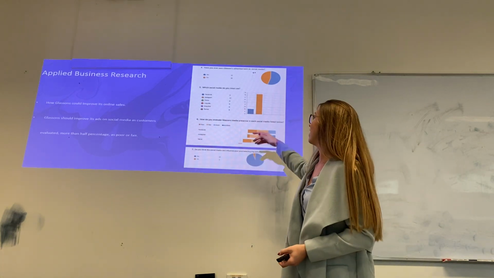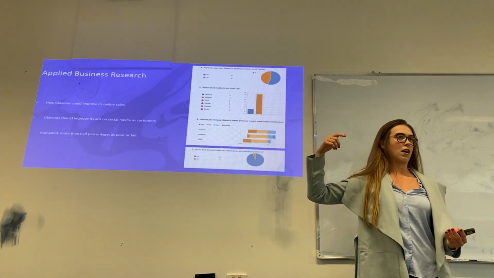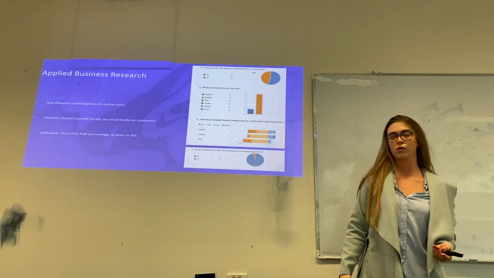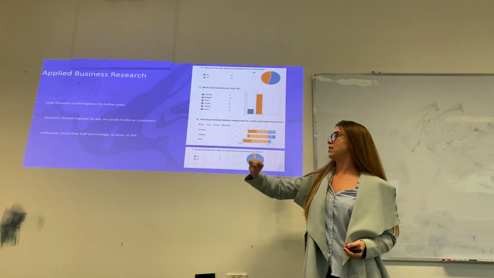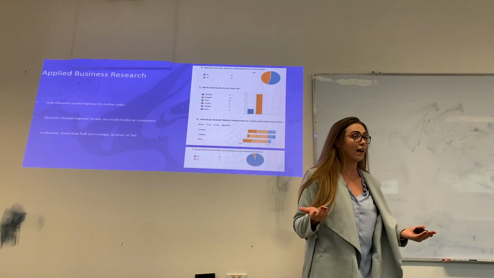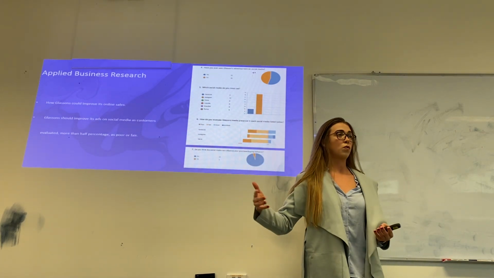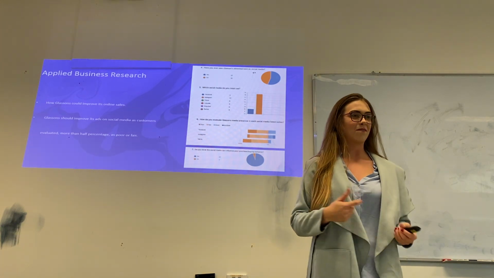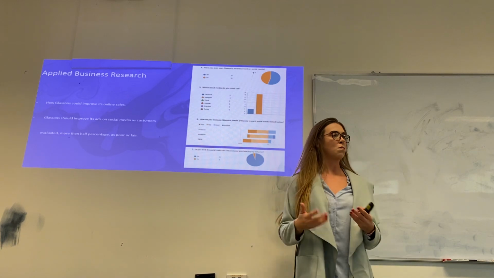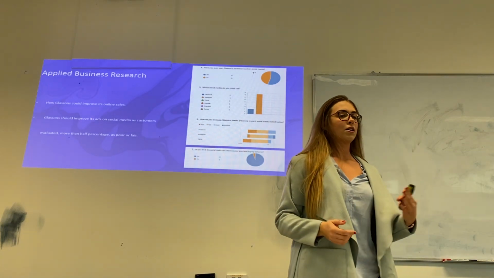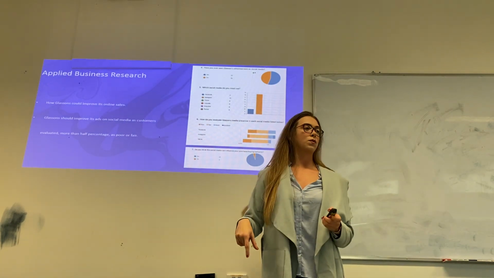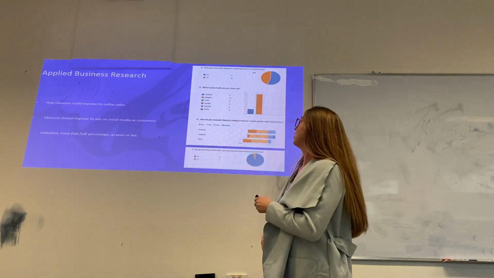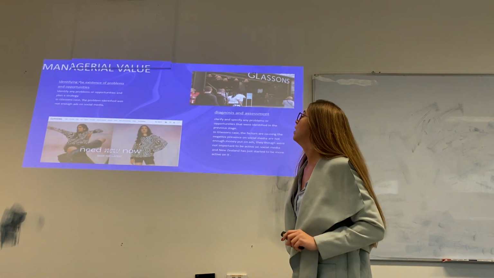Actually, they have seen Glassons advertise on social media, but however they think it's not enough. It's just fair, but they should do more. Because nowadays we do everything online. We need to see more about the company. So this is what we were looking for.